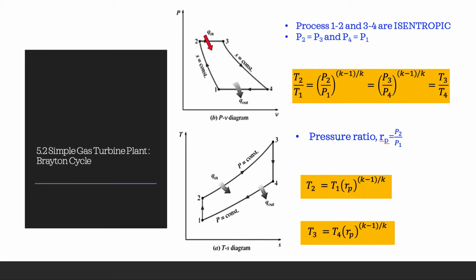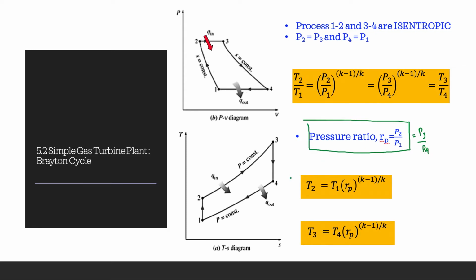Okay, now we go to the new term, pressure ratio. Pressure ratio is Rp. Rp means the ratio of the pressure at the exit, P2 over P1. So P2 over P1 is also equal to P3 over P4.